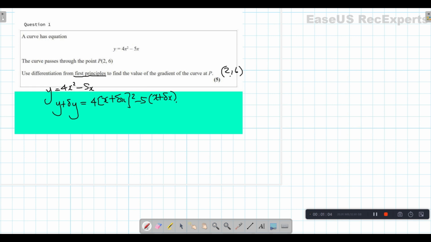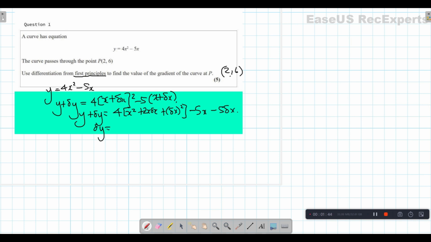Now expand the bracket, so y plus delta y equals 4, and you get x squared plus x times delta x is 1 x delta x, plus another x delta x will be plus 2x delta x, plus delta x squared, minus 5x minus 5 delta x.